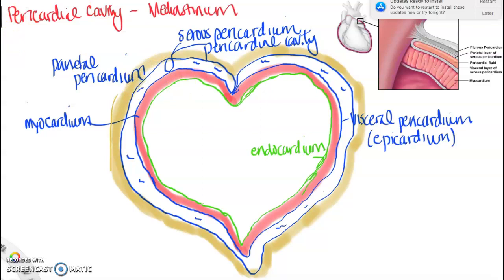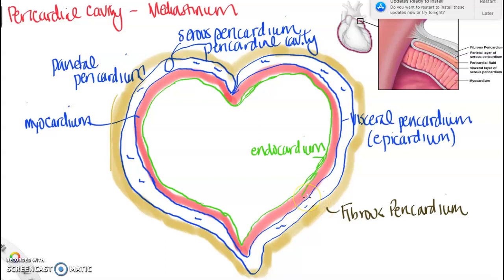And that layer is called the fibrous pericardium. So it's some fibrous connective tissue that goes around the pericardium, the cavity of the heart, that kind of anchors it into the thoracic cavity there.